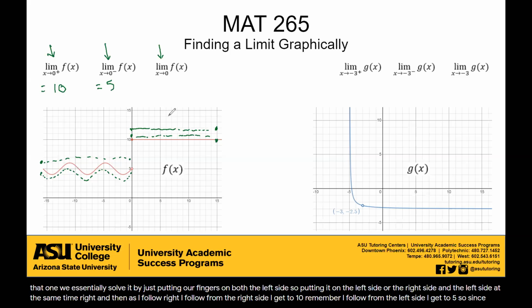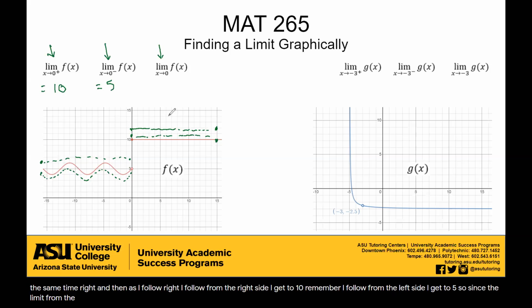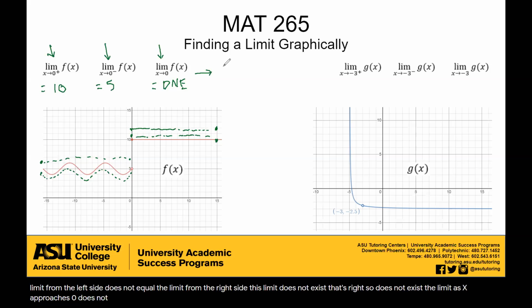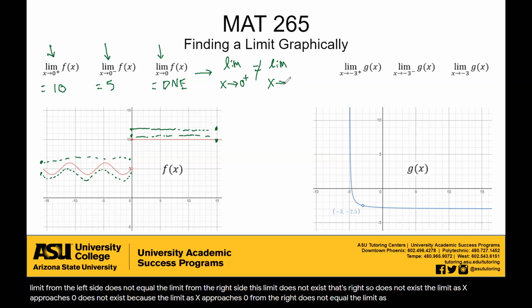So since the limit from the left side does not equal the limit from the right side, this limit does not exist. Let's get that in your notes. The limit as x approaches 0 does not exist because the limit as x approaches 0 from the right does not equal the limit as x approaches 0 from the left. Right, and there should have been f of x there.